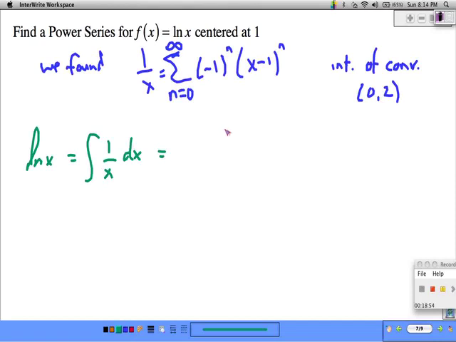And then, of course, plus a constant. So natural log would be c plus the sum from 0 to infinity of the antiderivative of this, negative 1 to the n, and then we raise the power by 1, and divide by that.